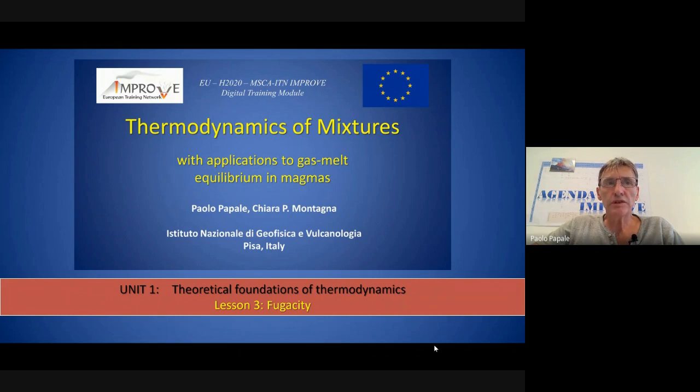We concluded that lesson by saying that there is another quantity which is as general as the chemical potential in representing equilibrium, and this quantity is called fugacity. In this lesson, we introduce fugacity and show how to use it in replacement of chemical potentials in the equilibrium equations.